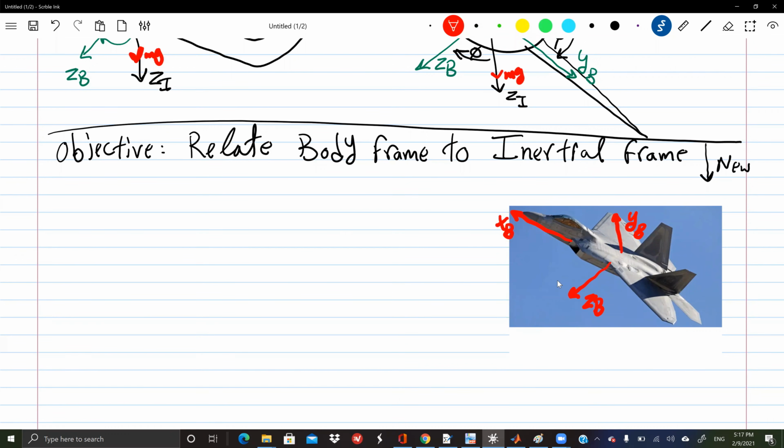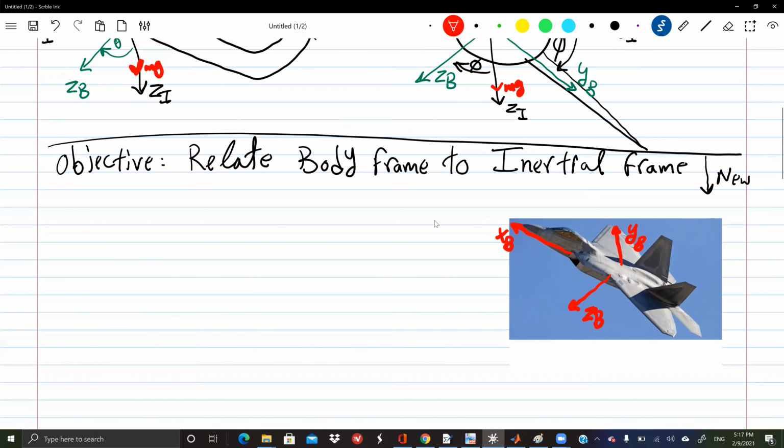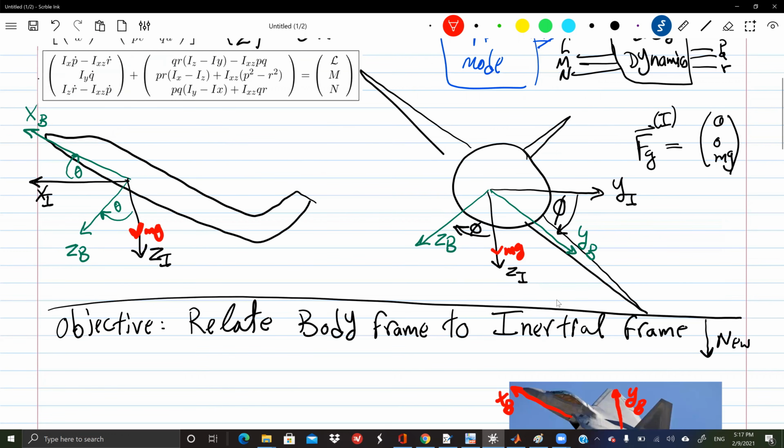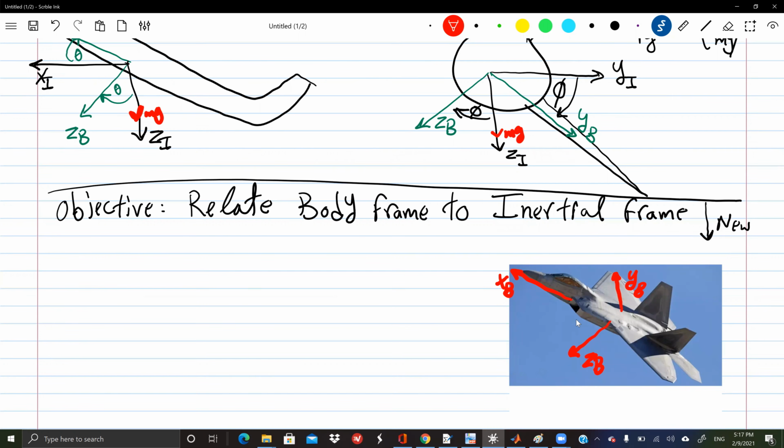So initially, at the beginning, we assume that the two frames are aligned with each other. So the body frame is aligned with the inertial frame at the beginning. So theta is 0, phi is 0, all these angles are zeros, okay? And then the body did some excursion, some maneuver to arrive at this given attitude. And I really don't know what the body did in the middle to arrive at this attitude.